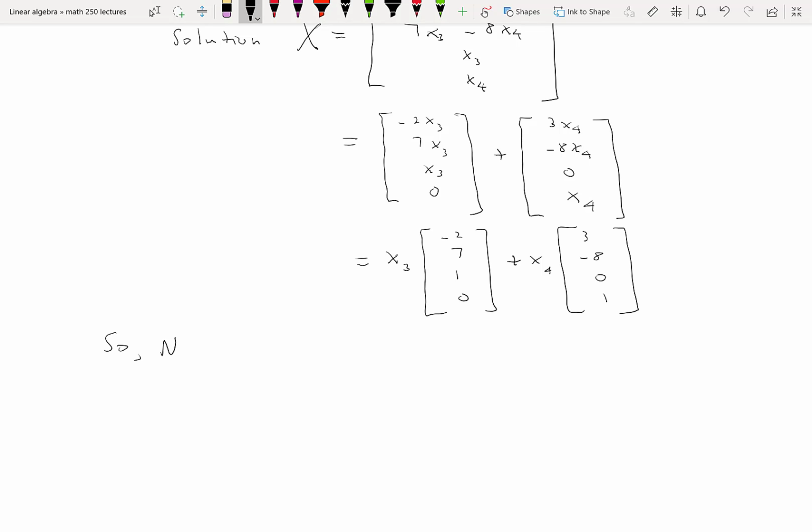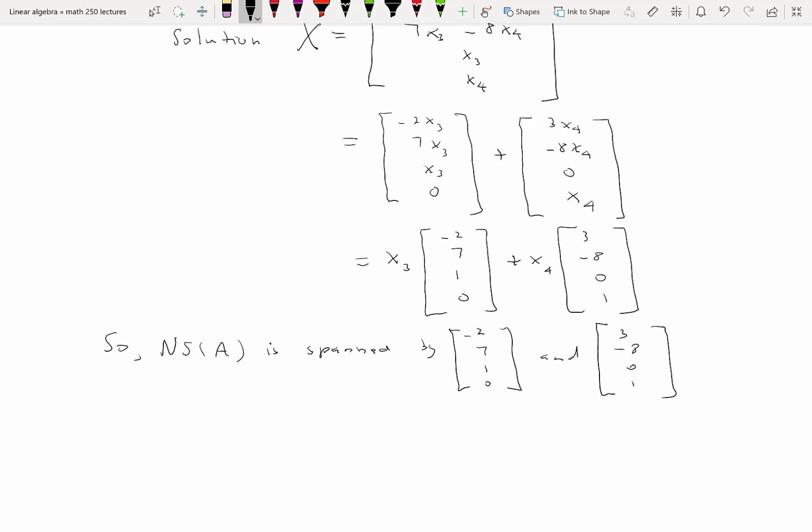So the null space of A, that's the set of solutions to the homogeneous system, is spanned by, I just found a spanning set, the two vectors, negative 2, 7, 1, 0, and 3, negative 8, 0, 1.